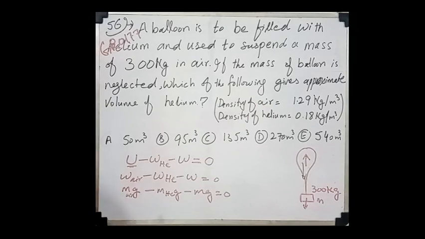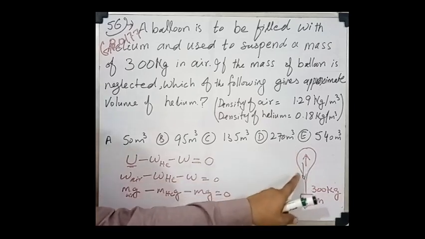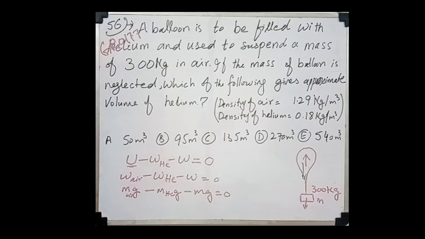The volume of air displaced and volume of helium will be equal, because helium will displace an equal volume of air from this region. So we denote the volume by V for both: V times the density rho of air times g, minus V times the density rho of helium times g, minus m g, equal to 0.